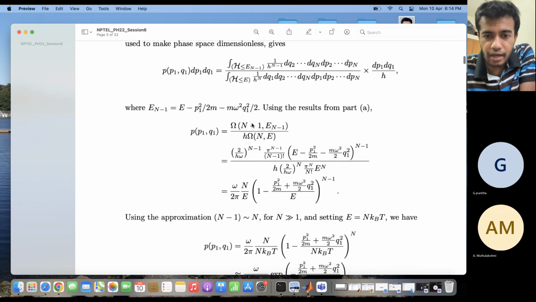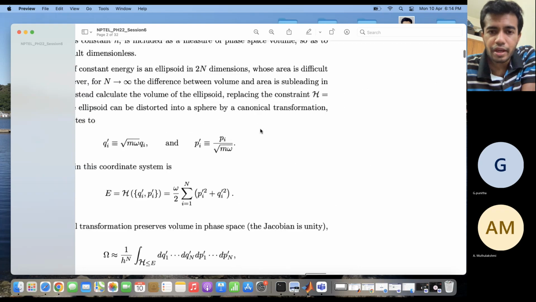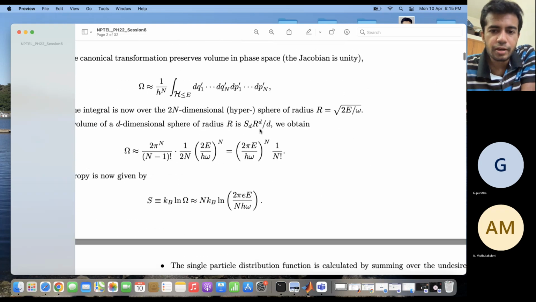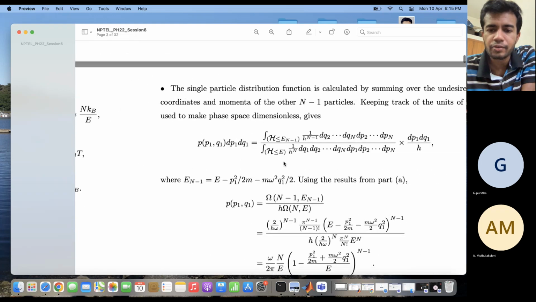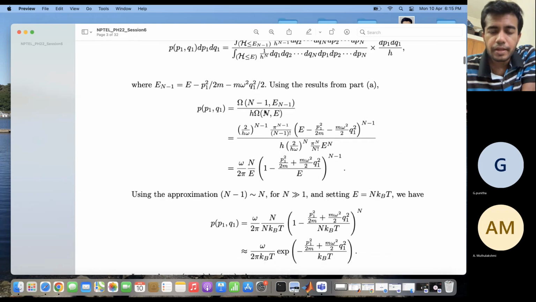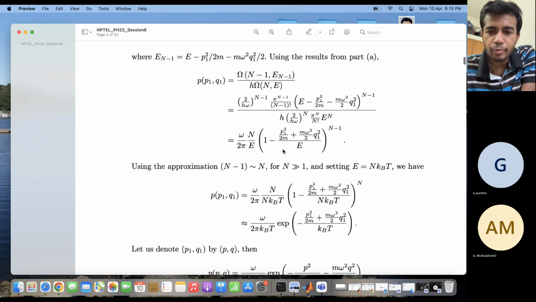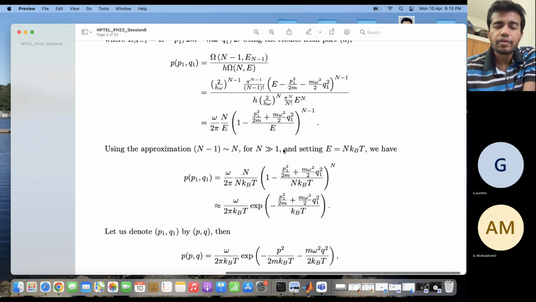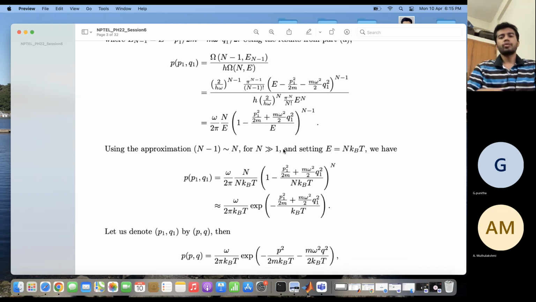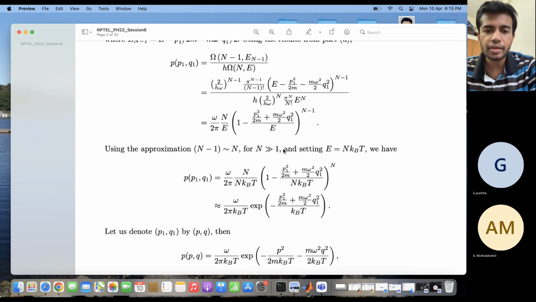So if I do this and I use the expression for omega which I had obtained earlier over here, that was omega equal to (2 pi E by h omega) to the power N, by 1 by N factorial. If I replace this over here and here, then I get this expression for the probability. Now, since we are working in the thermodynamic limit, we take N being very large.